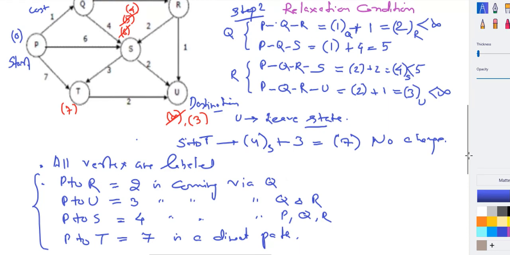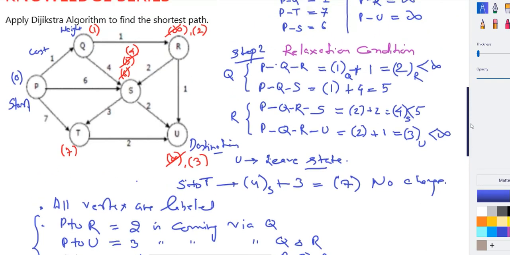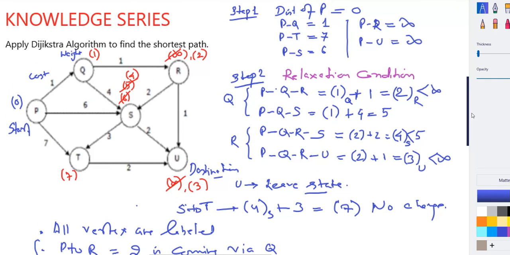So 9 is greater than 3, no change. So this path is not considered, rather this other path is considered. So this solves the numerical problem related to the Dijkstra algorithm, as you can view here. Thank you.